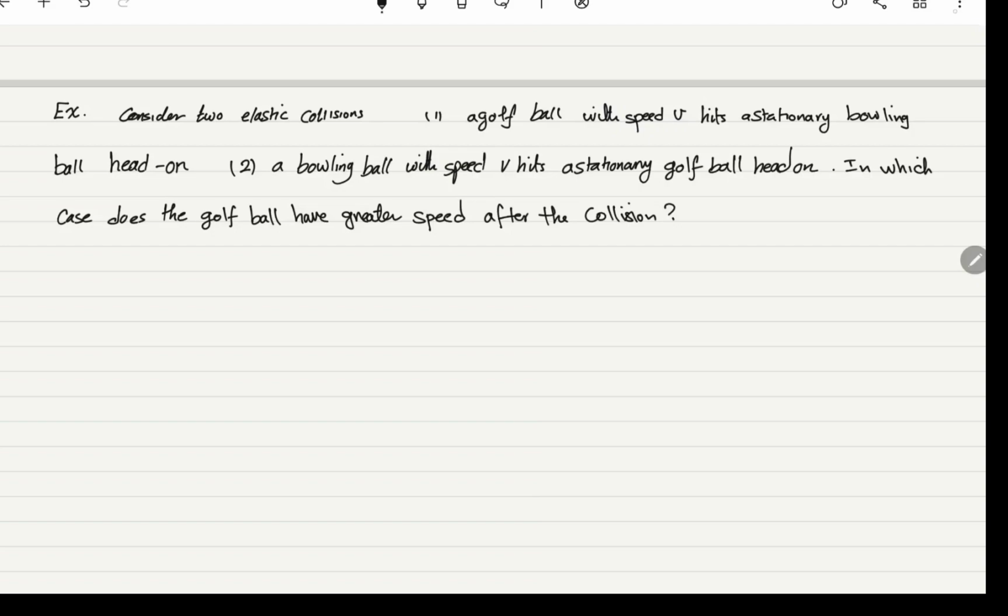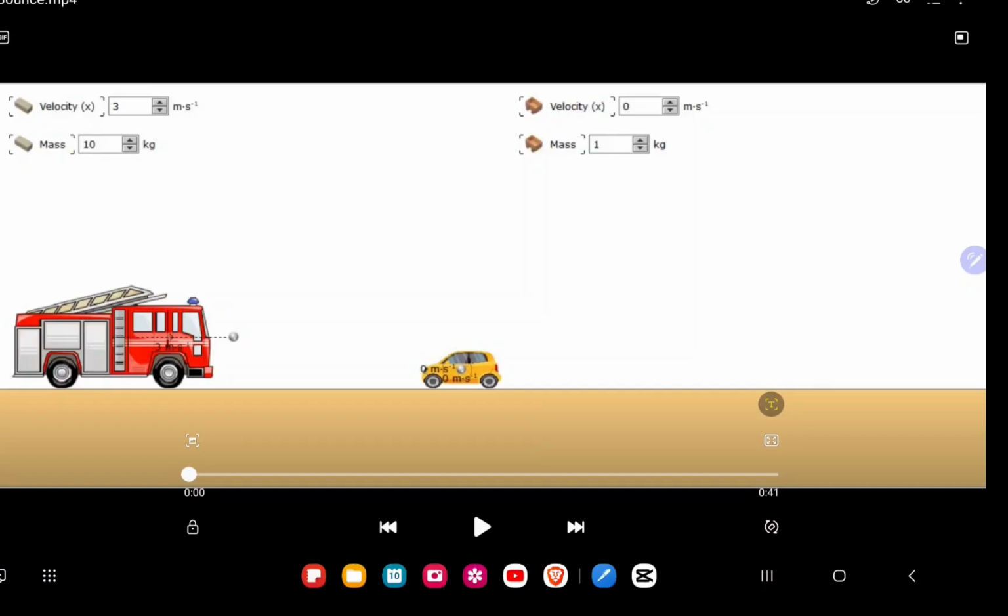Now let's see this model here. As we can see, two cars, a big one and a small one. The mass for this one is 10 kilograms, and the mass for this one is 1 kilogram. The velocity for this one is 0, and the velocity for this one is 3.